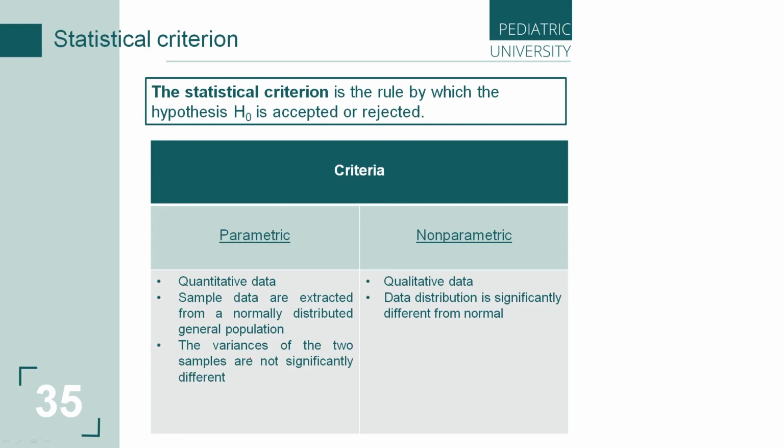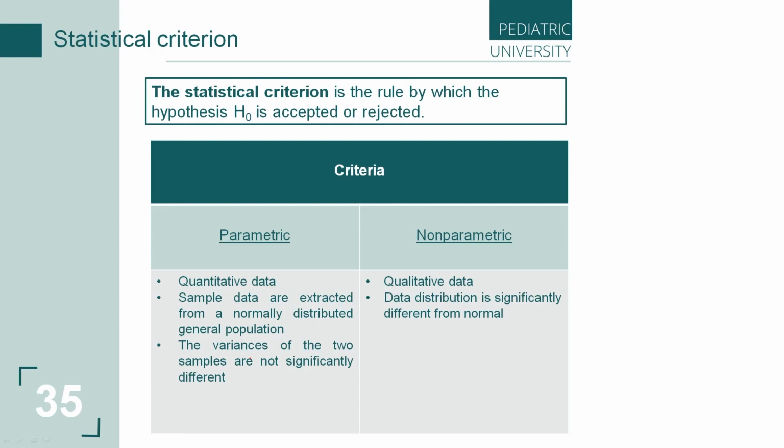We can use parametric criteria only when our data are quantitative, only when there is a normal distribution law in our population, and only if the variances of two samples are not very different, or the variances should be about the same.